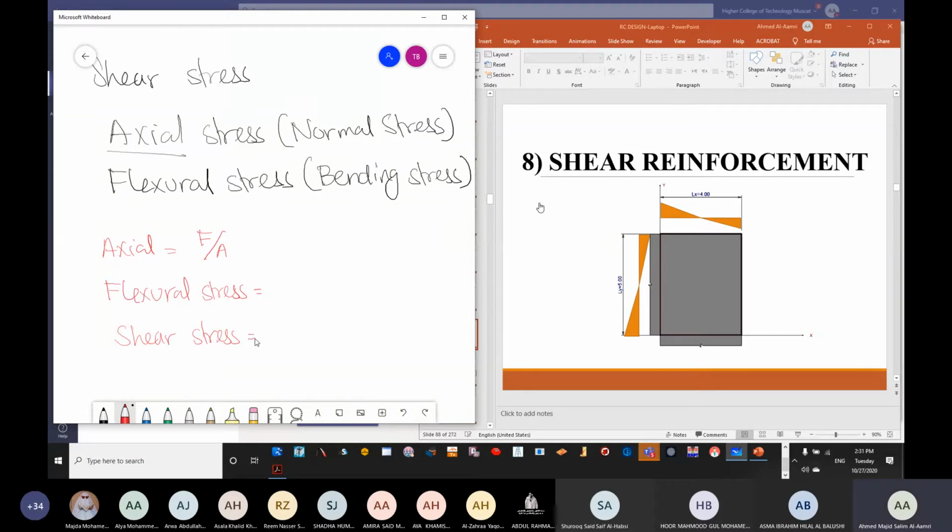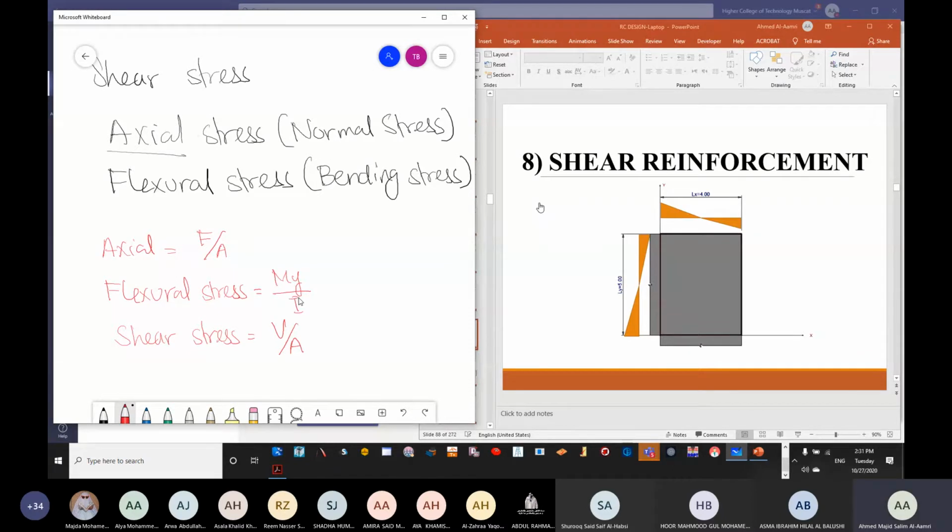For shear stress, it's V over A, where V is the shear force. Now for flexural stress, you have studied an equation which is My over I.